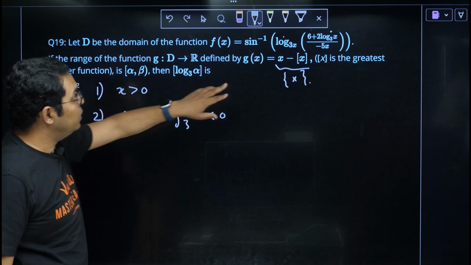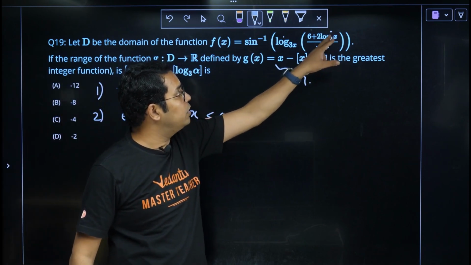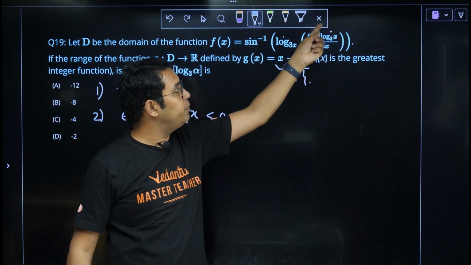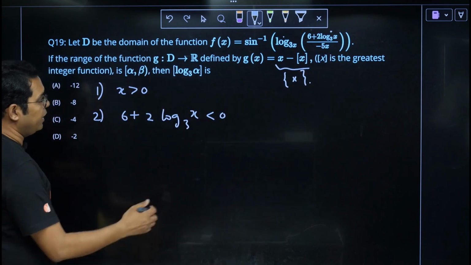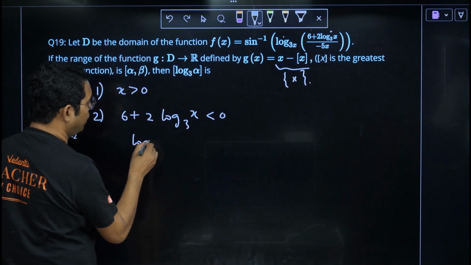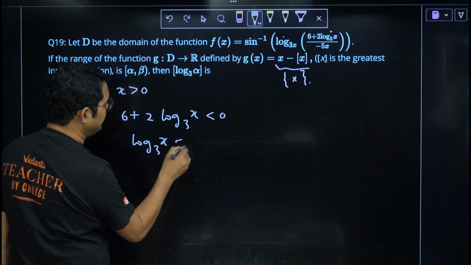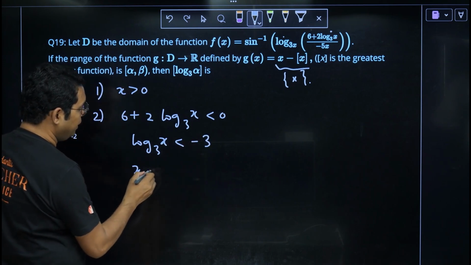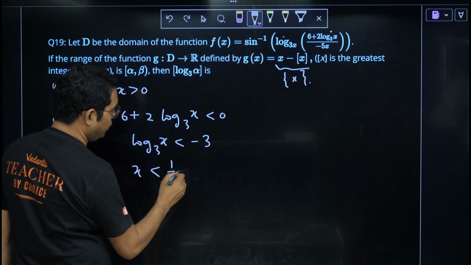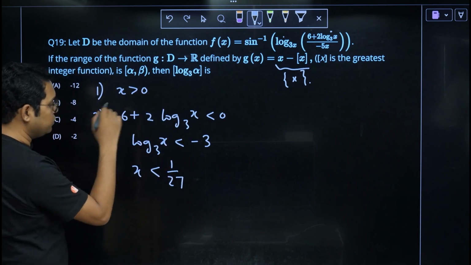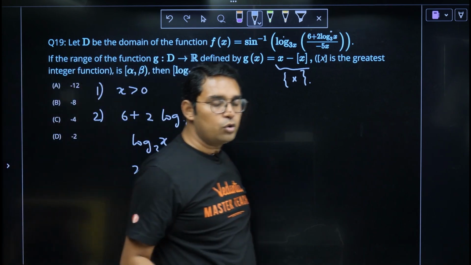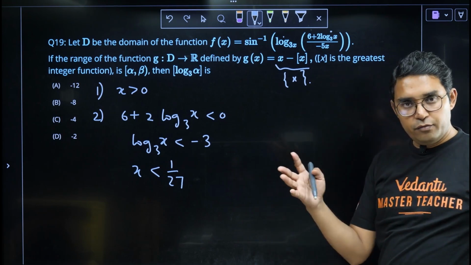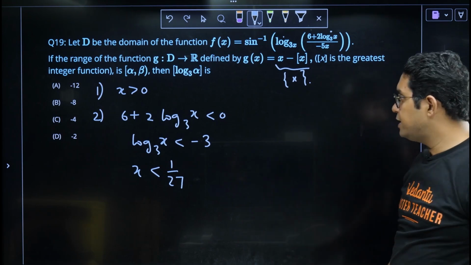So from this, we will be getting log x base 3 less than minus 3. 3 is the base, greater than 1, so x will be less than 1 upon 27. So from these two things, so far we have x from 0 to 1 upon 27. That means x has to be a very small value, or less than 1 at least.